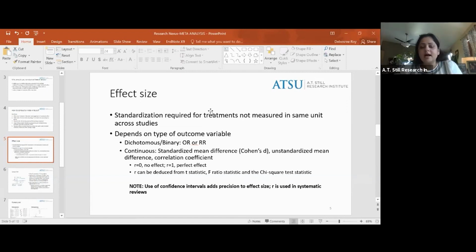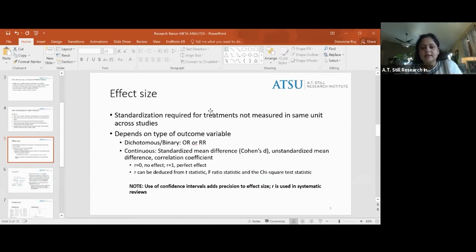The effect in dichotomous variables is usually estimated in odds ratio or relative risk, because you have the event occurring or not.